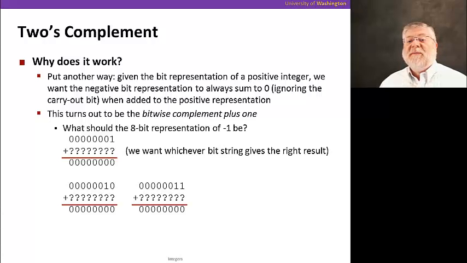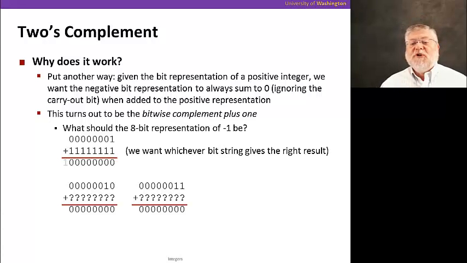So what we really want to be -1 is whatever bit pattern gives us that same result. And we know now that that in fact is the pattern all 1s, which when we add will cause a carry to ripple down this entire sequence of 1s to yield all 0s with a carry out of 1 that we'll be dropping and ignoring because we do modulo 256 arithmetic.